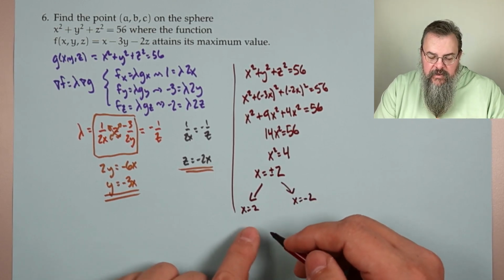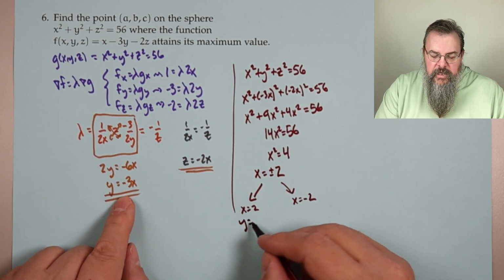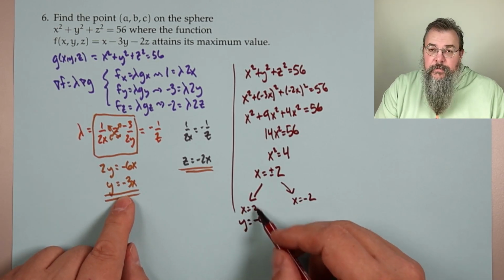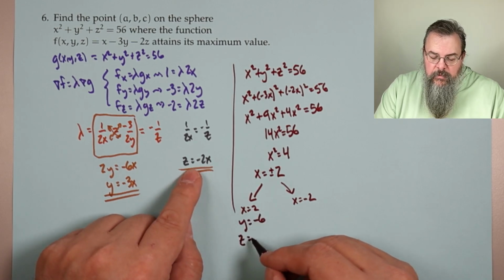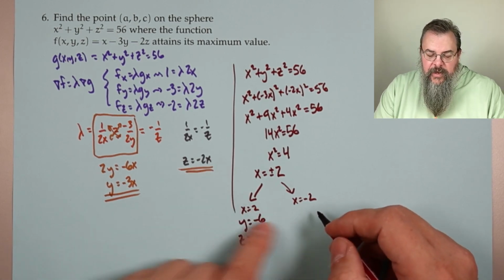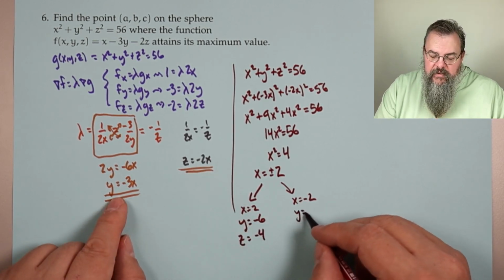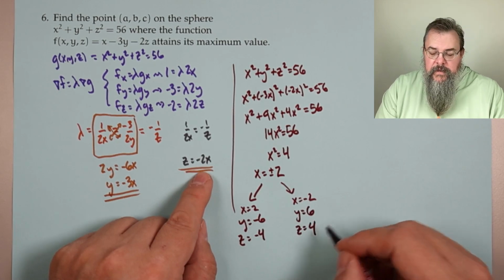So suppose x equals 2. In that case, y would be negative 6, which is negative 3 times 2, and z would be negative 4, which is negative 2 times 2. If x equals negative 2, y would be positive 6, and z would be positive 4.